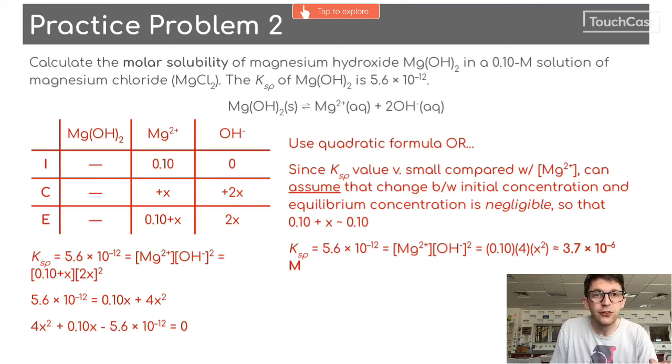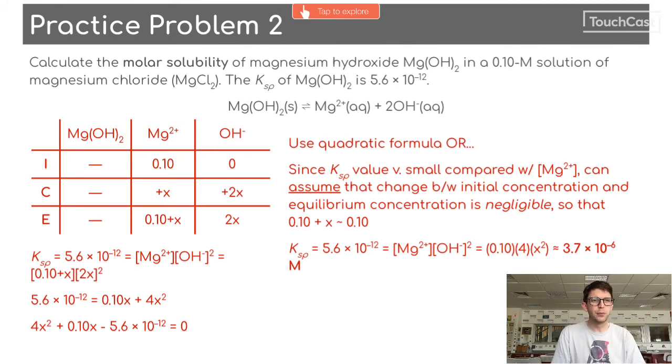You can see in the solution we have a quadratic formula that's set up, and we could just employ that. But since Ksp is so small, we can just rewrite the expression in a little bit simpler form, and we can solve for the solubility in a much easier, much simpler way.